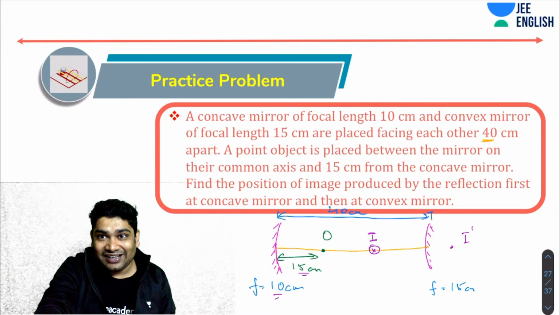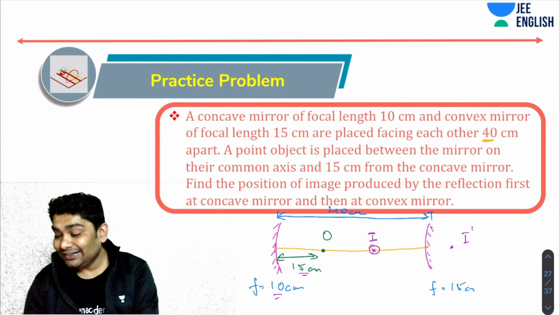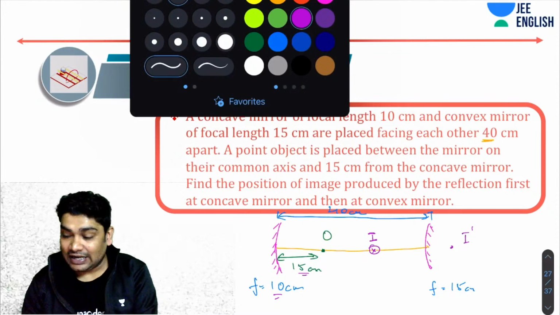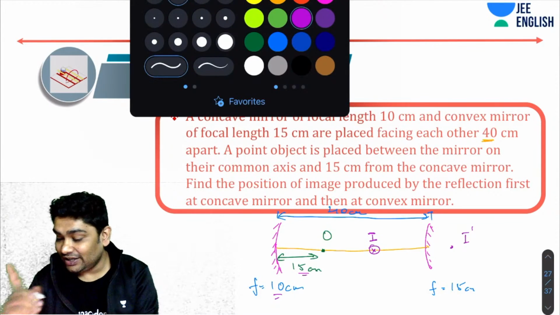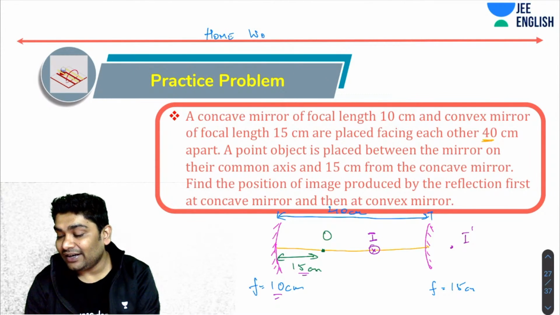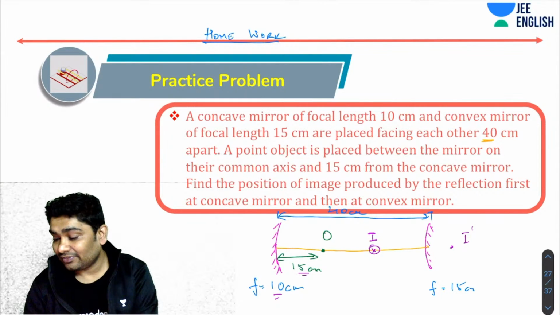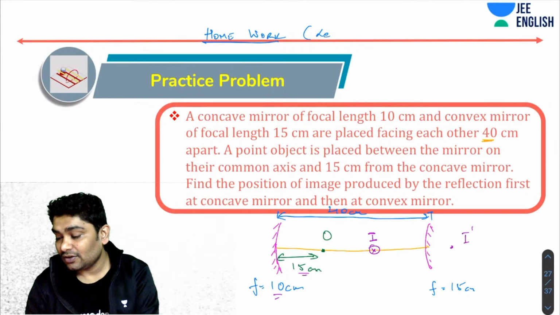Or why don't I do one thing? Let's give this question to you as homework. I will discuss the solution in the next class. This is your homework problem. You can calculate and leave your answers in the comment section.